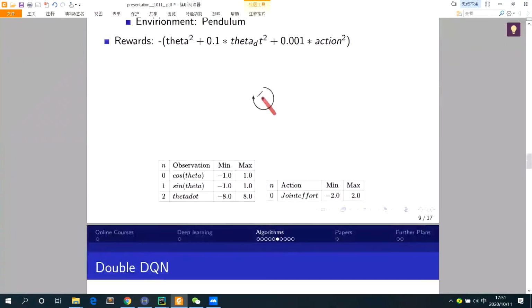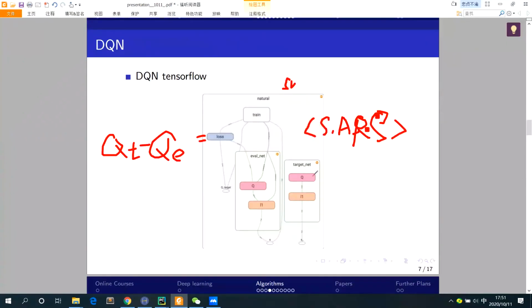Because in DQN we predict the maximized Q value by this neural network, but there is an error: at each step we update the parameters of the evaluate network with the maximized error of Q target minus Q evaluate, and this will cause overestimating for DQN.